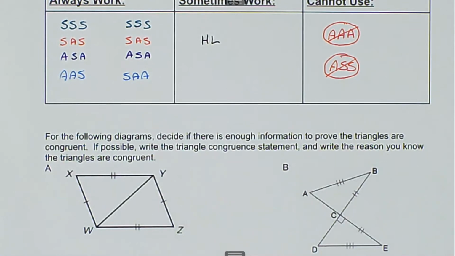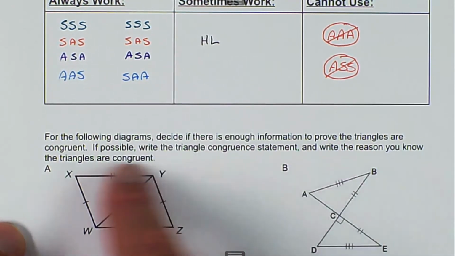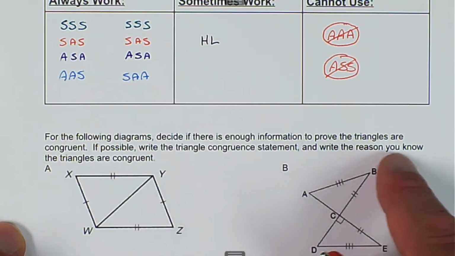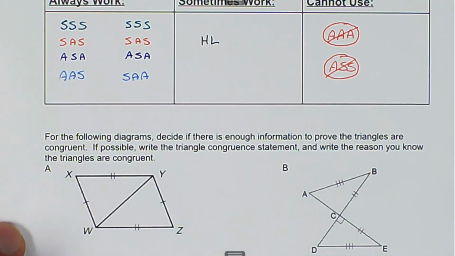So for the following diagrams, decide if there is enough information to prove the triangles are congruent. If possible, write the triangle congruent statement and write the reason you know the triangles are congruent. So here, there's some given information, but then we also have to rely on some of our past information to decide if there's enough information there or not.